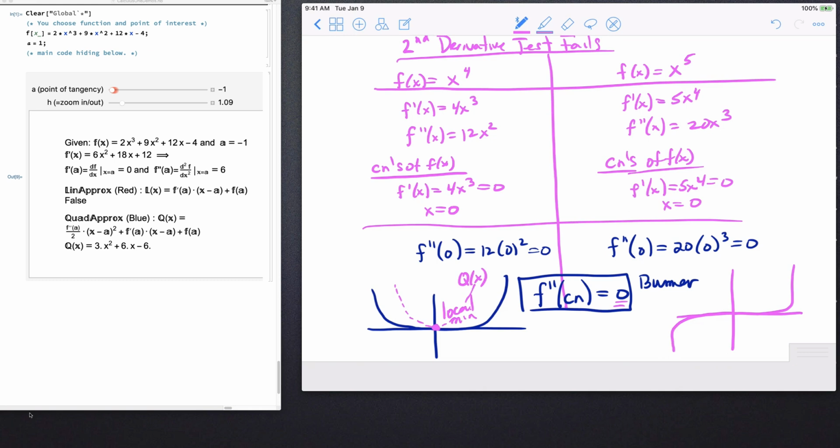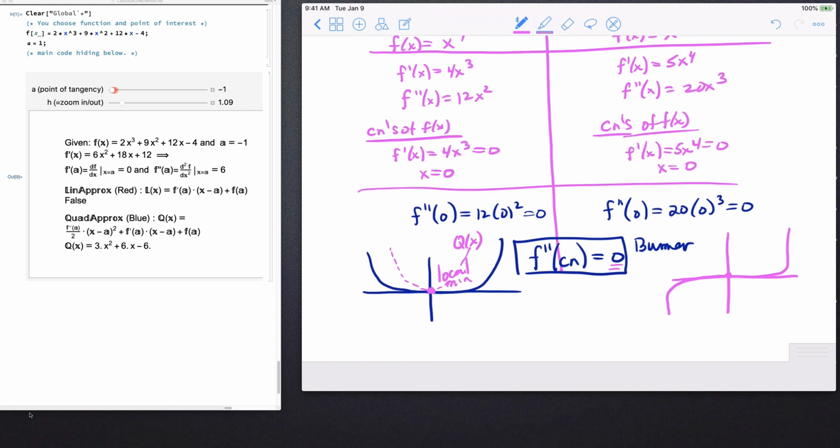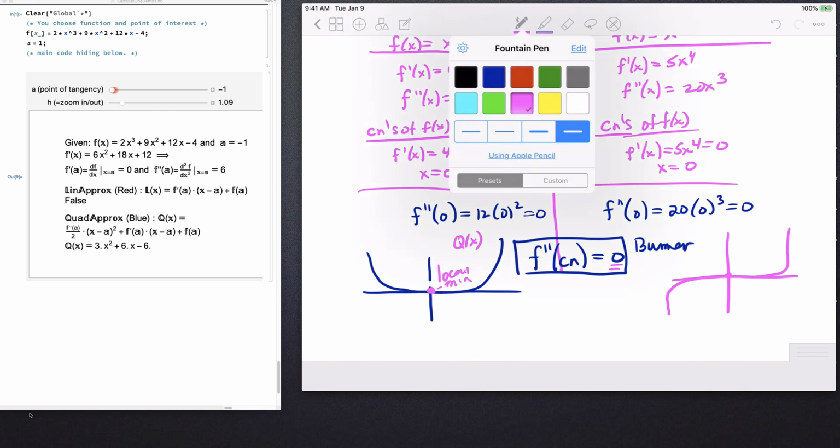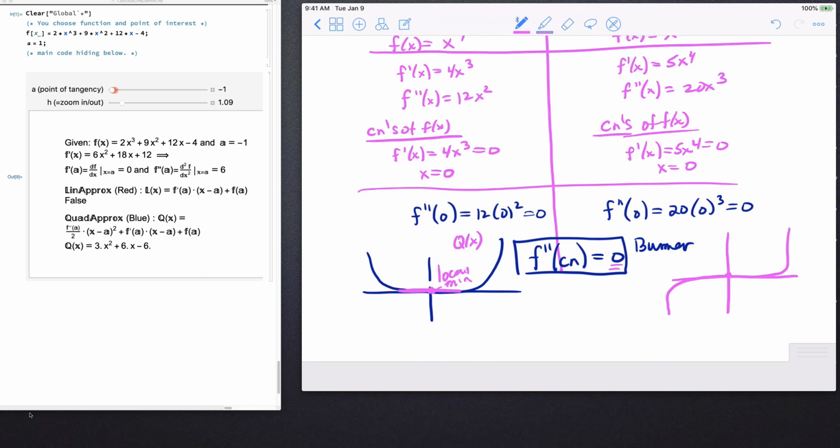And here, if you compute the quadratic approximation at 0, oh, I'm sorry, actually this is not what the quadratic approximation looks like. It's just 0. The quadratic approximation will be equal to 0 here, and the quadratic approximation for the other function will also be 0.